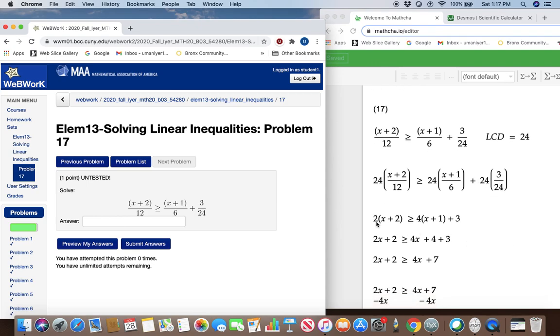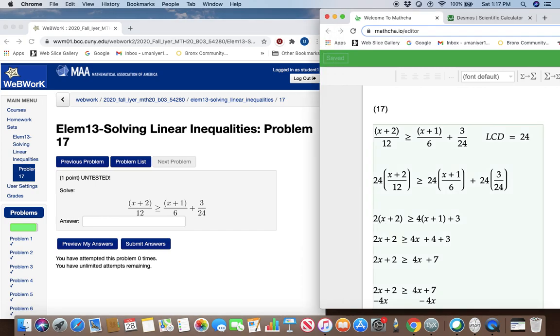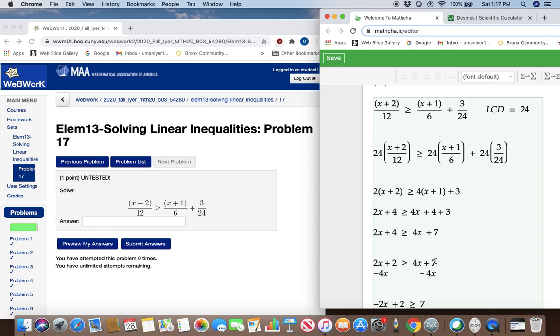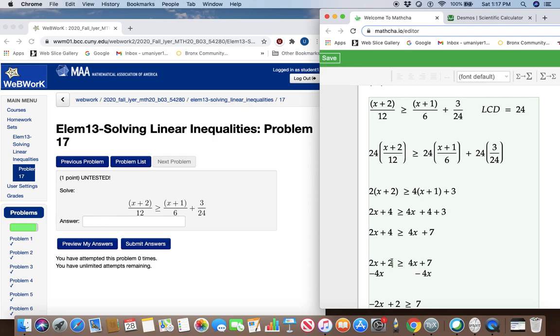At this point, you can distribute 2x plus 4, right? 4x plus 4 plus 3. So 2x plus 4 is greater equals 4x plus 7. I need to subtract 4x from both sides.